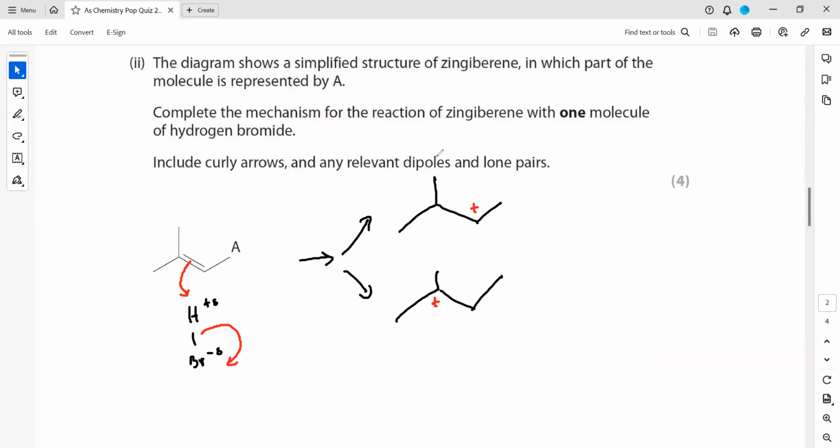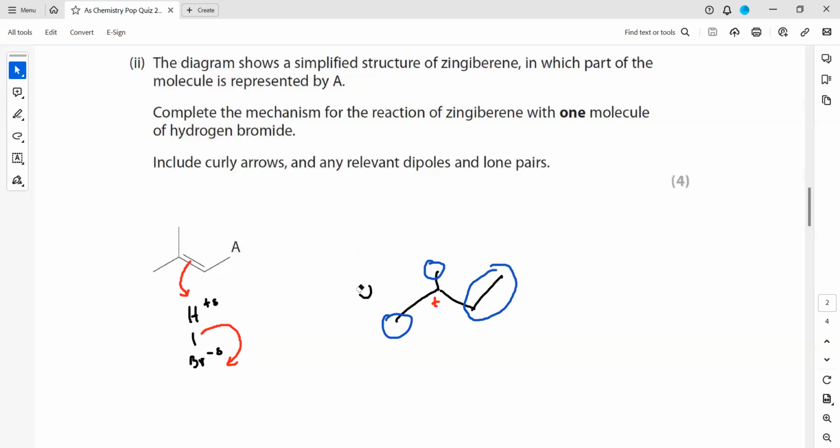The carbocation which is surrounded by more alkyl groups is more stable. Here, how many alkyl groups are there? This is one, and this whole is considered as one, so two alkyl groups. But when we check this one, one alkyl group, second alkyl group, third. So this structure is more stable, because alkyl groups are electron releasing groups, so the net positive charge on the carbocation reduces. That's why this won't happen like this, because we are completing for a major product.